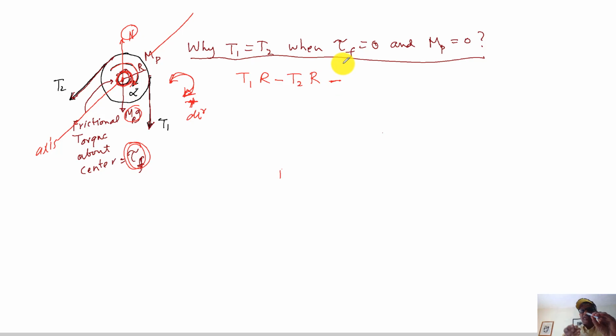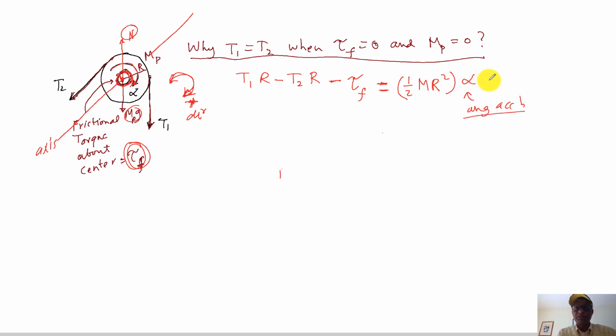If it's rotating this way, it's going to be opposite, so this is minus tau F, the friction force times this little distance. And that equals the pulley's moment of inertia, half m r squared, times the angular acceleration.